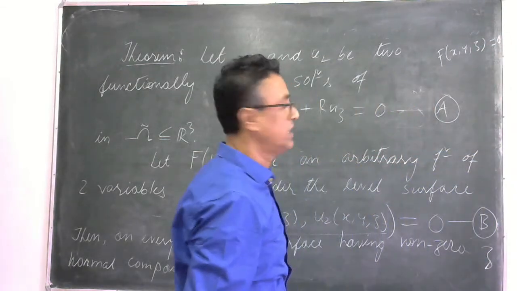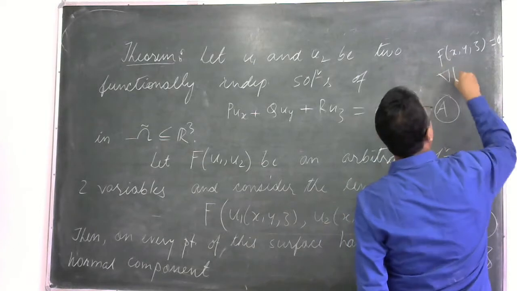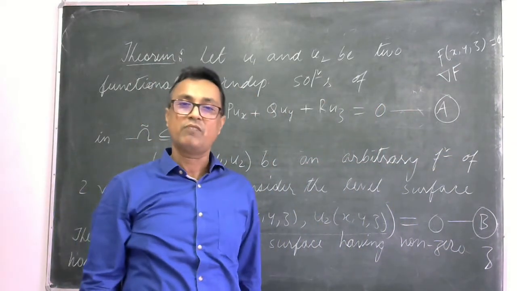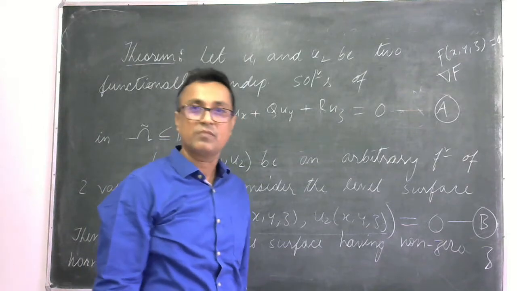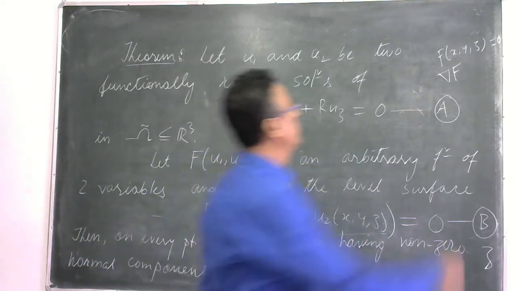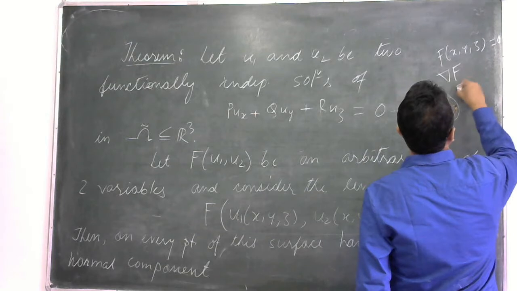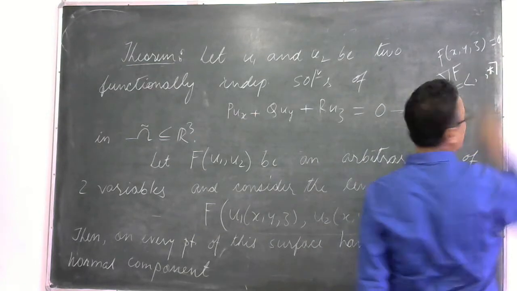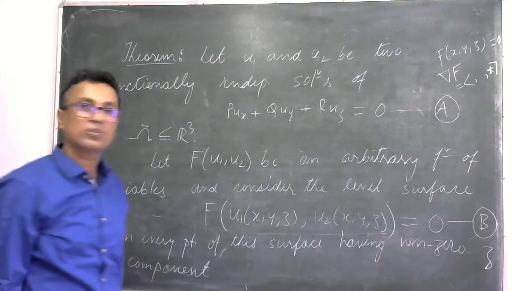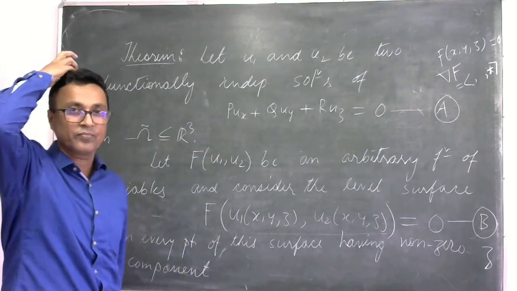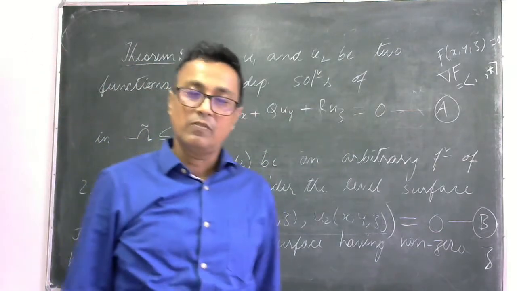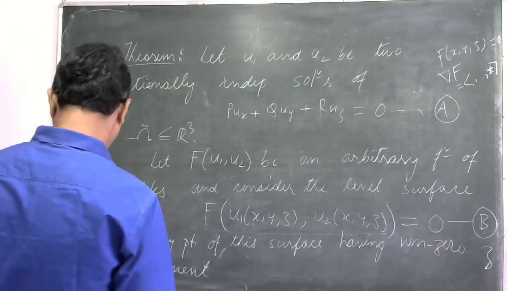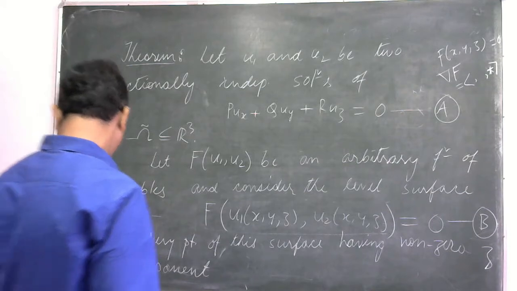Then your grad f is going to define a normal at each point on that surface, isn't it? So obviously this is going to be a vector, right? So this component is non-zero. Is it okay with everybody? Fine? Non-zero Z normal component.